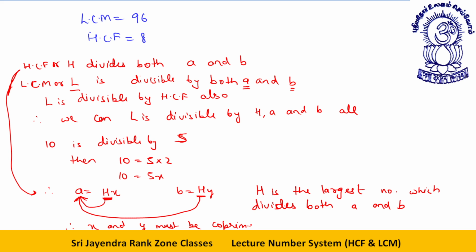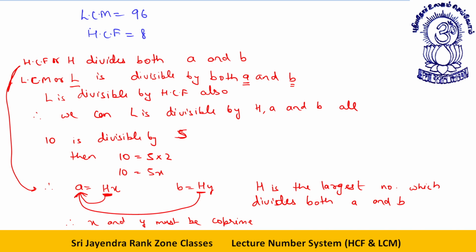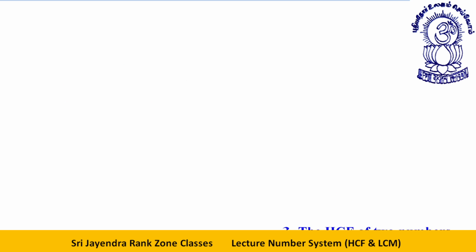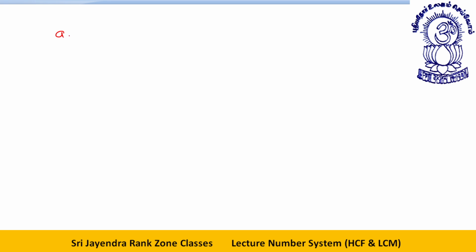See, what I intend to explain to you is, suppose H is the largest number. As I said, A is equal to HX, B is equal to HY. Now let's say if X is equal to 2, Y is equal to 4, then what will happen?